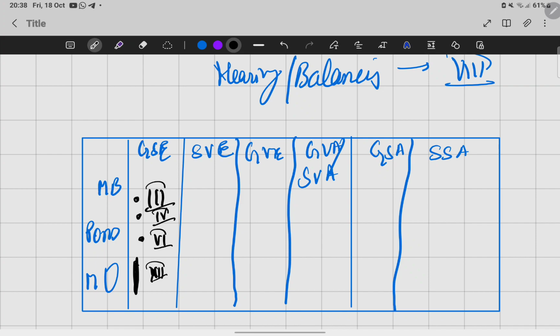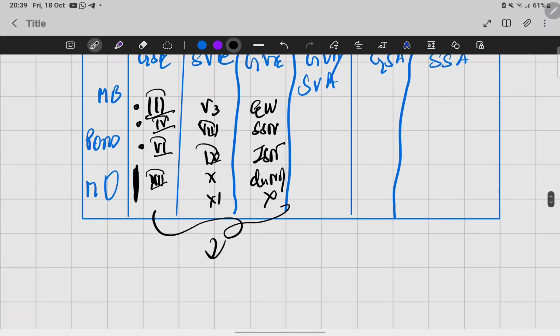And this is V3, 8, 9, 10, 11. And these are the Edinger-Westphal nucleus, superior salivatory nucleus, inferior salivatory nucleus, and dorsal nucleus of vagus. These three are combinedly called nucleus ambiguus.